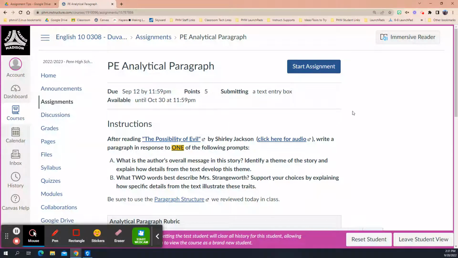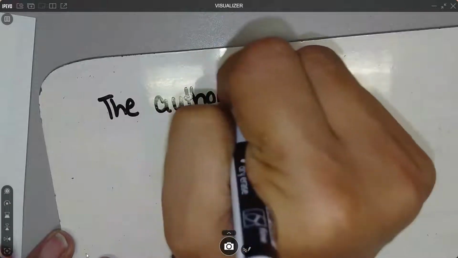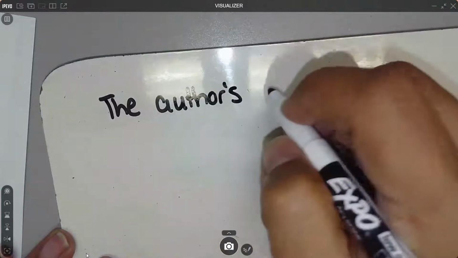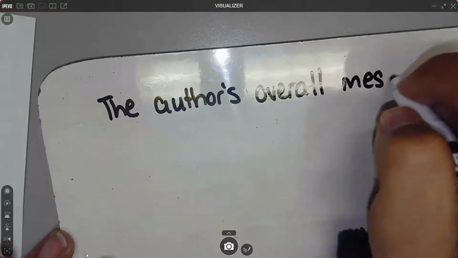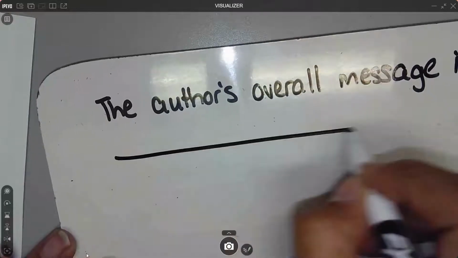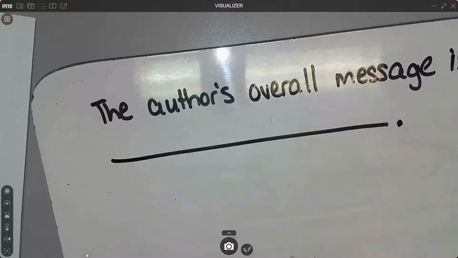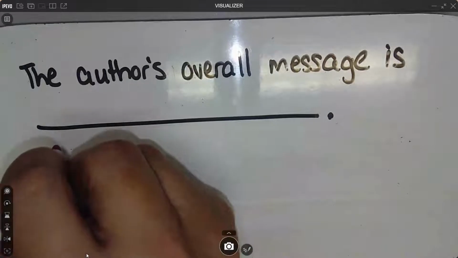So for prompt A, which is what is the author's overall message, we would write, the author's overall message is, and here's where you would identify the theme of the story.